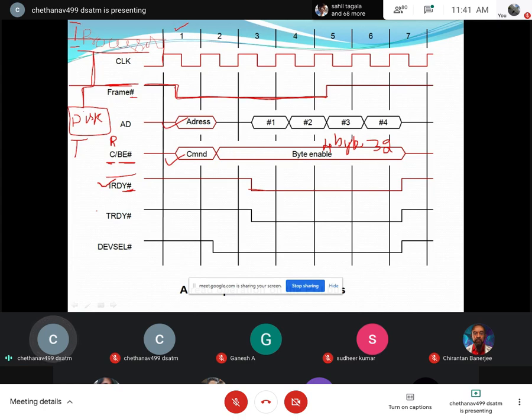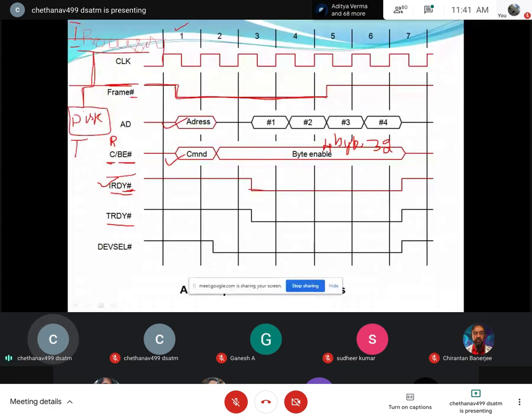The initiator ready signal will be enabled when your processor is ready to receive the data. Target ready means your disk is ready to send the data. See, whenever I admit you in the Google Meet and create the class, it means I am ready.